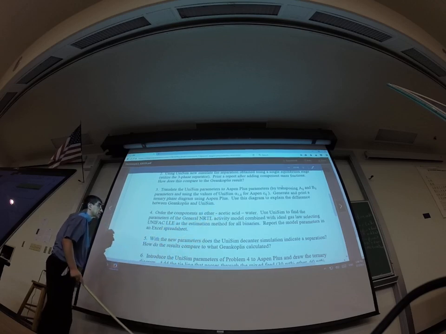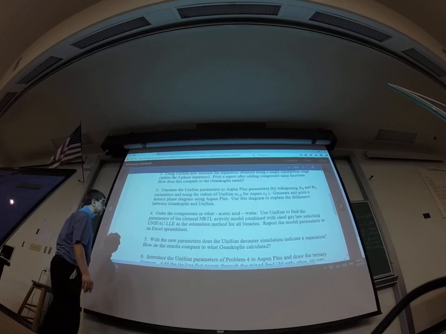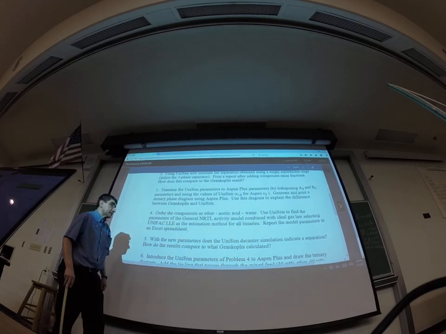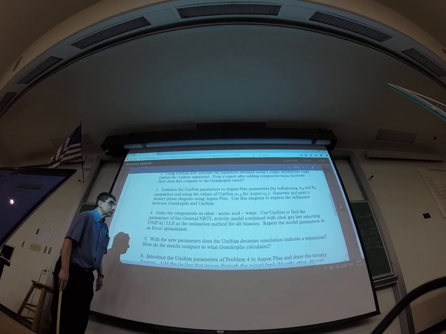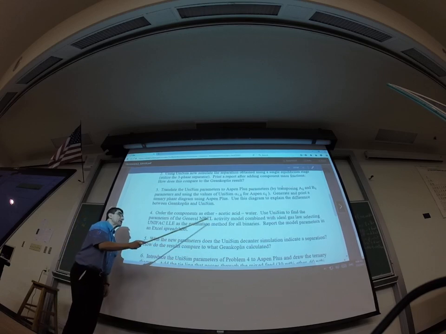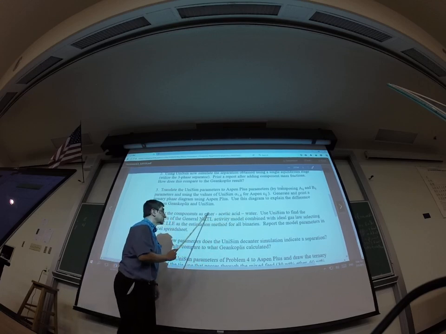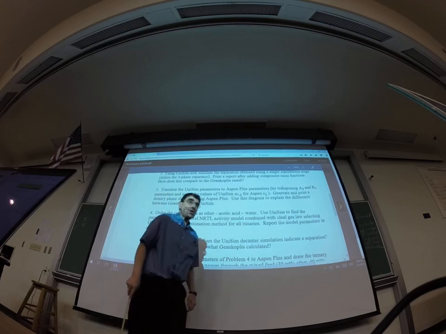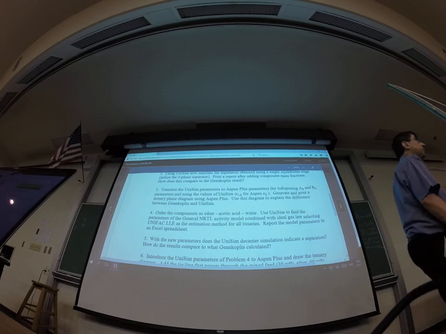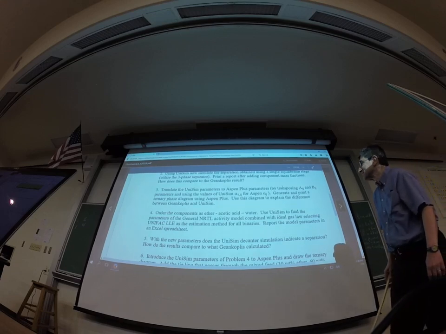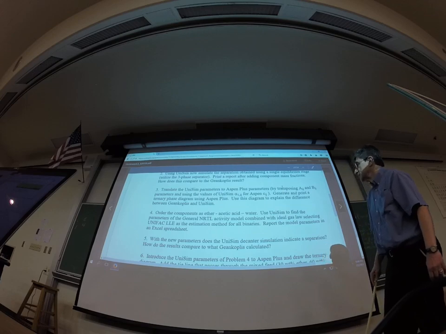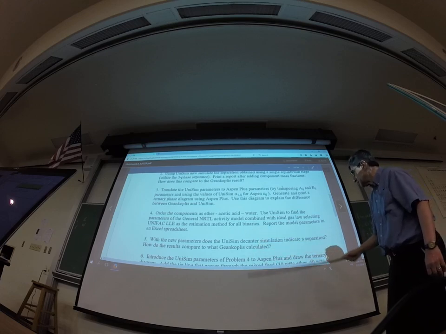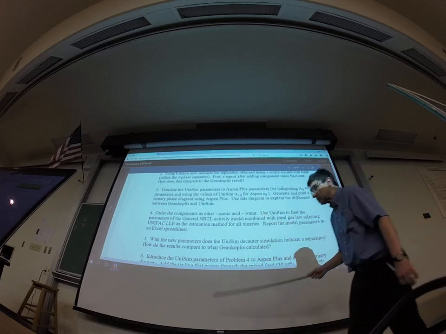Oh, and by the way, what parameters it finds, I think it's a bug, but all versions of Unisim and Aspen have been doing it. It changes according to how you have ordered the components, and I didn't order them this way myself. So when we go back to Unisim, we'll change the ordering of the 3 components to have them in this order. And we'll generate some parameters in Unisim, put them back in Aspen Plus, and we'll see what happens.